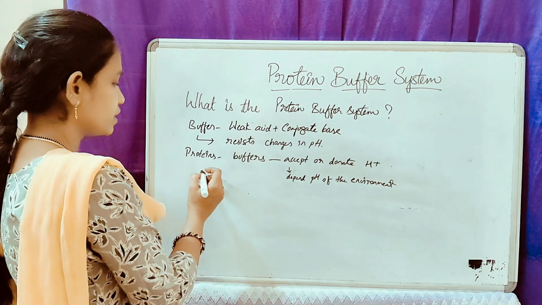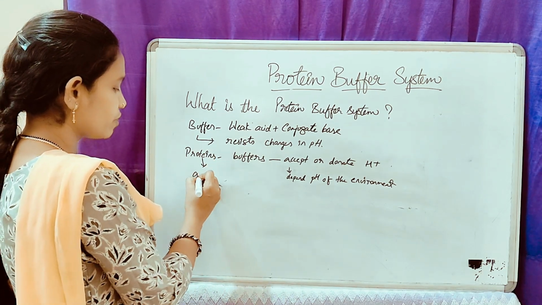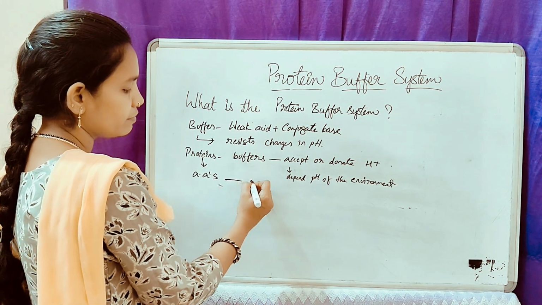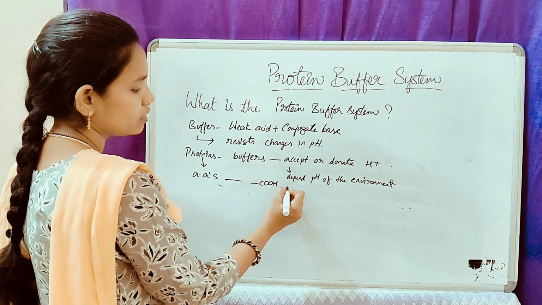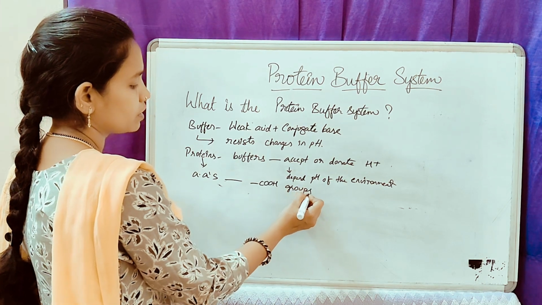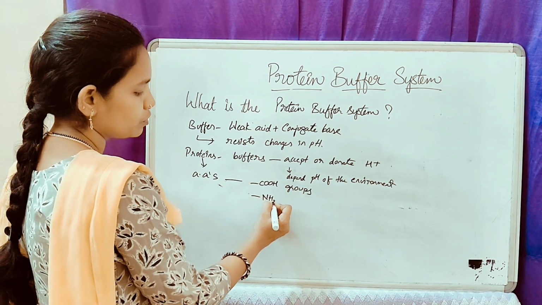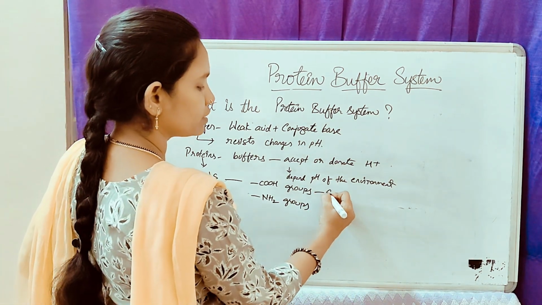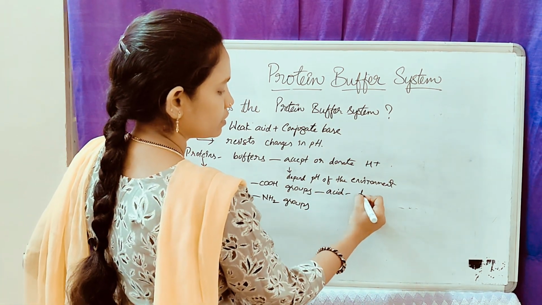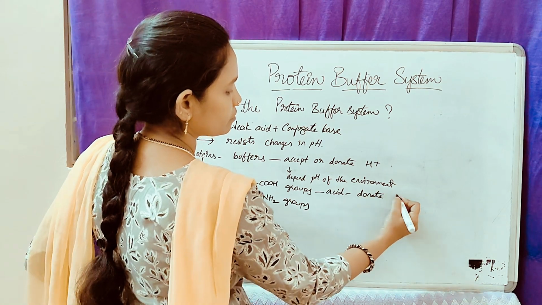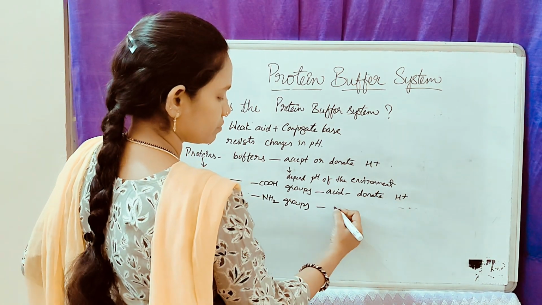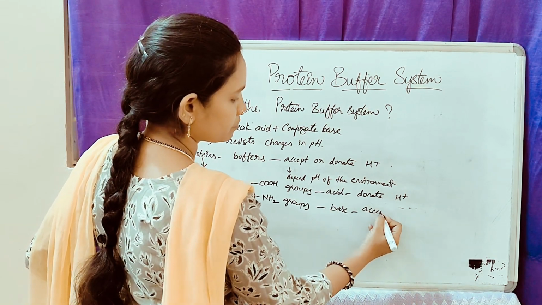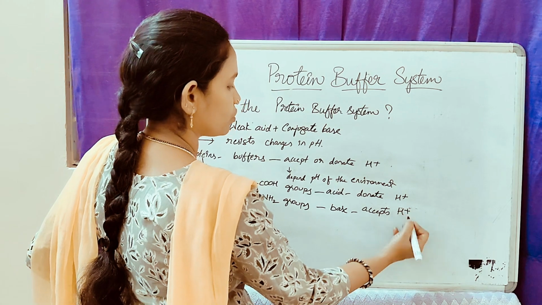So what are actually proteins? They are made up of amino acids. So most of the amino acids will have carboxyl groups and amino groups. So here carboxyl group means acid, it donates protons. Basic groups, base accept protons.